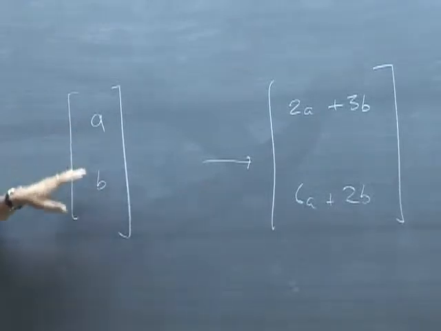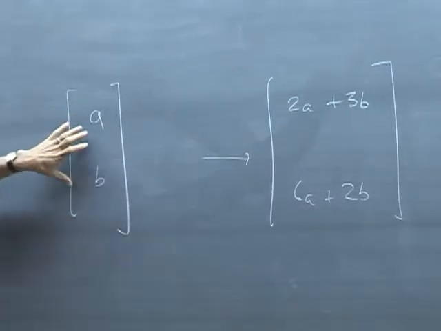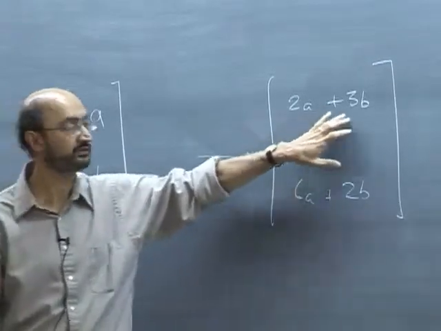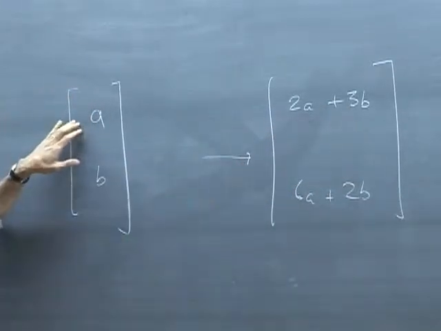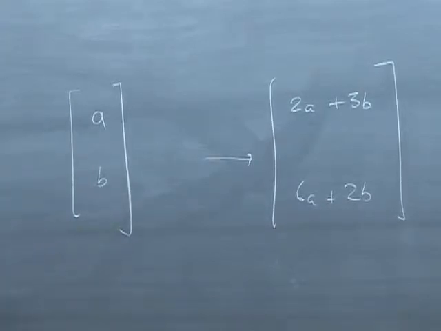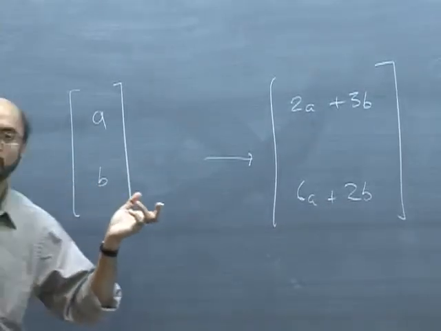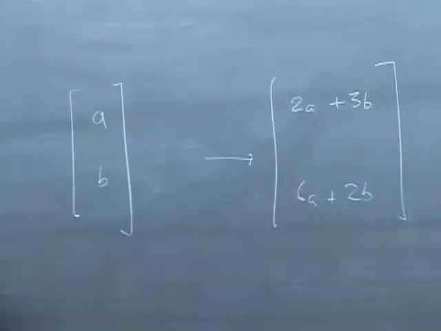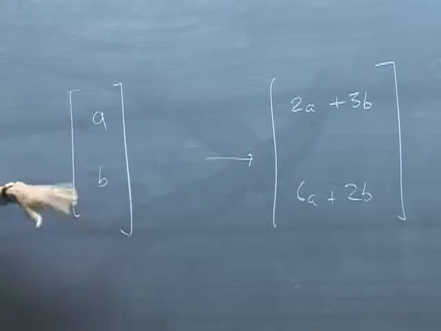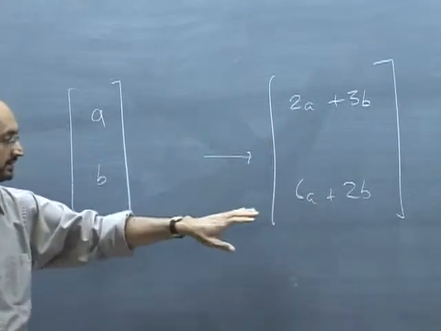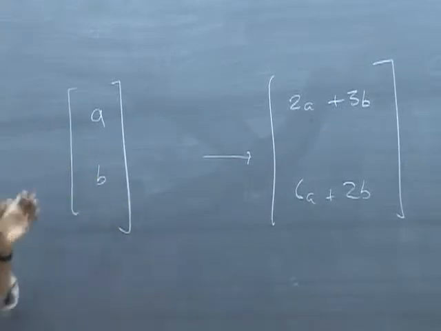So if you think of a and b as being some basis or some set, 2a plus 3b is just a weighted sum, 2 times a plus 3 times b. So take 2 times the first one and 3 times the second one. If you want to make it more interesting, just make these weights add up to 1. So you could have 0.2 and 0.8, for example. Then you're getting some kind of mixture of a and b. That becomes this element, and this element is again a mixture of these two.